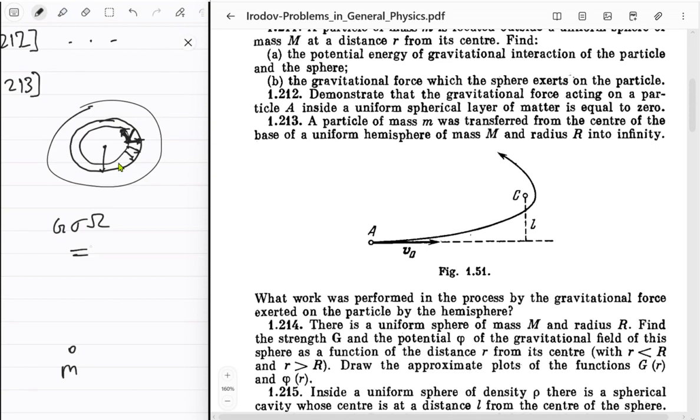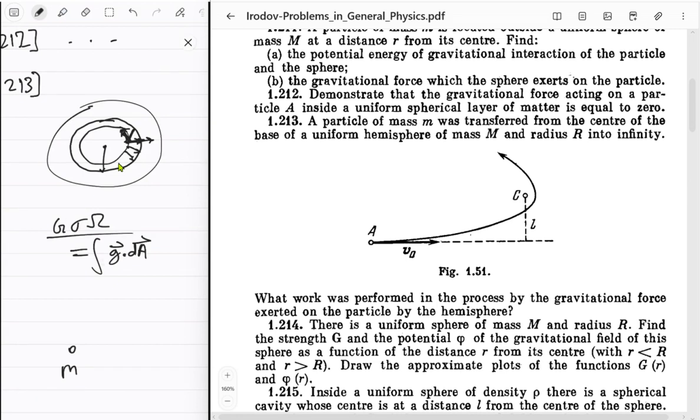So the field, the G vector, is equal to the integration of G vector dot dA vector.